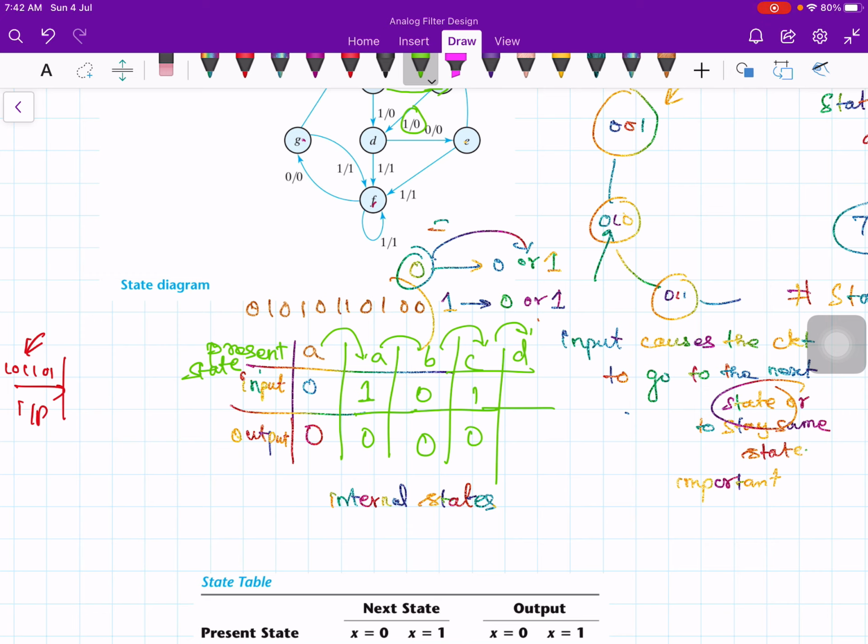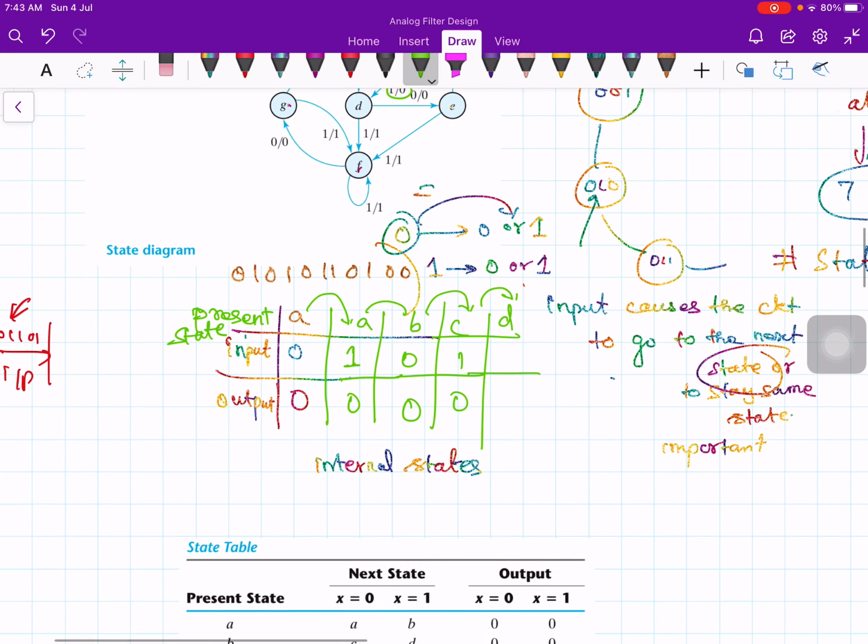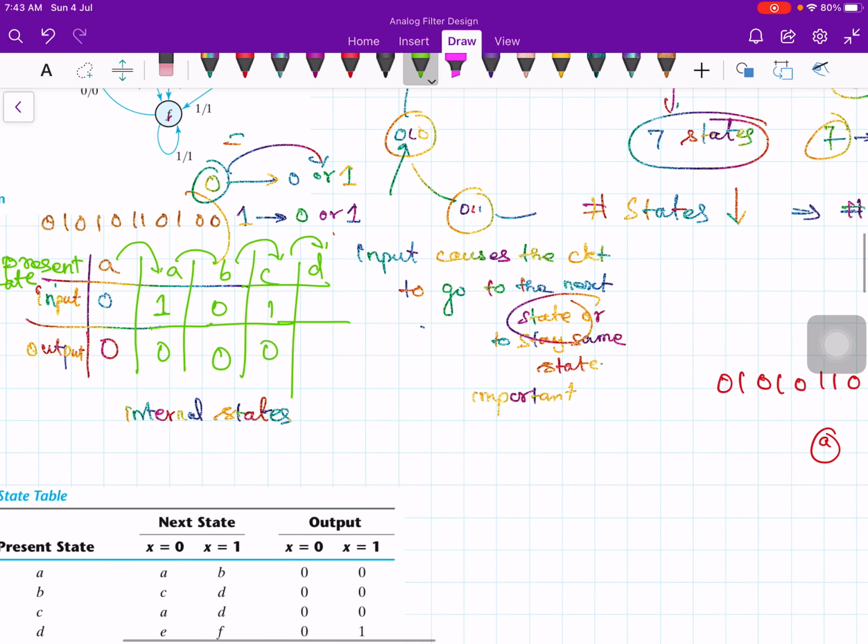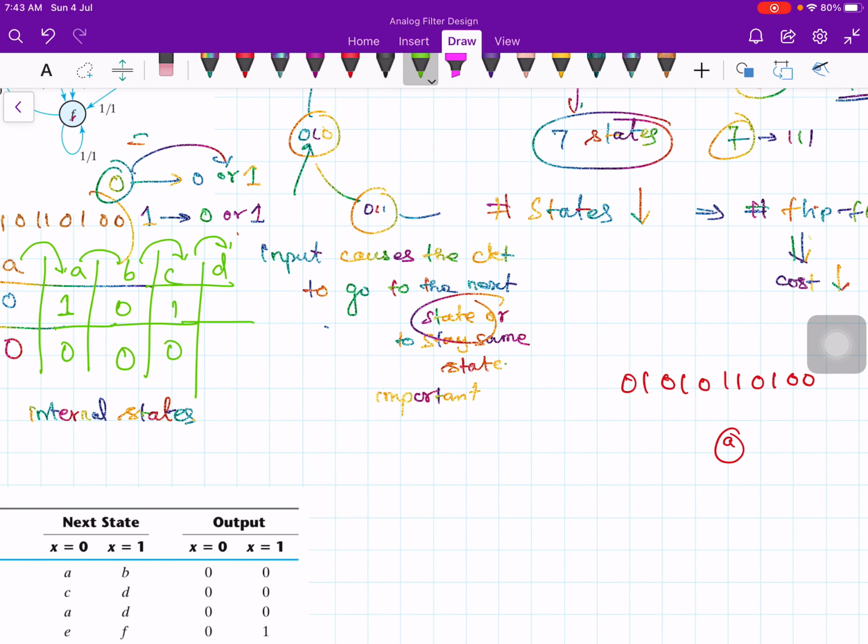Our motto is somehow we need to get rid of some internal states so that we can save money and reduce the number of gates and the number of flip-flops. Let us assume that a given sequential circuit has 7 states.